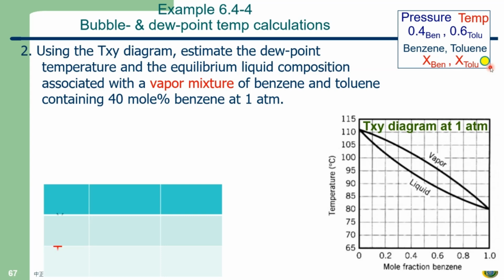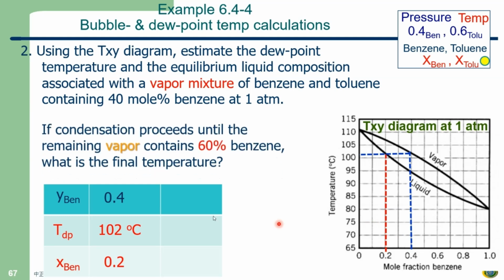So again, you write down the benzene because this is the dew point. So you need to calculate from 0.4 here and then go up to here, right? And this is 102, for example. So the dew point is 102, and then this one will be the concentration of benzene, which is 0.2.